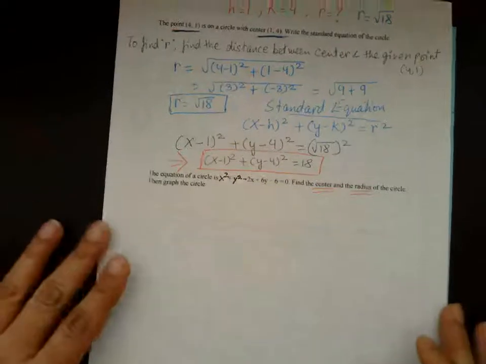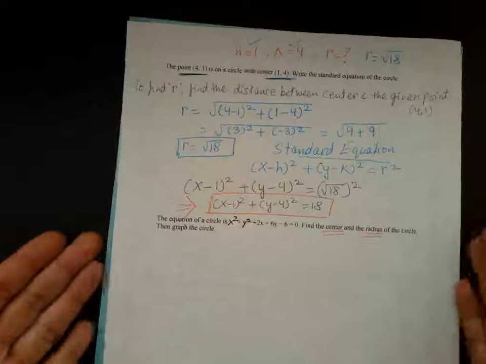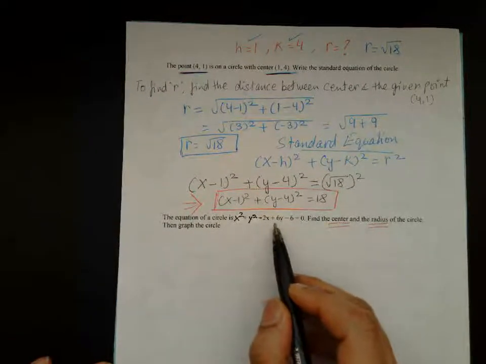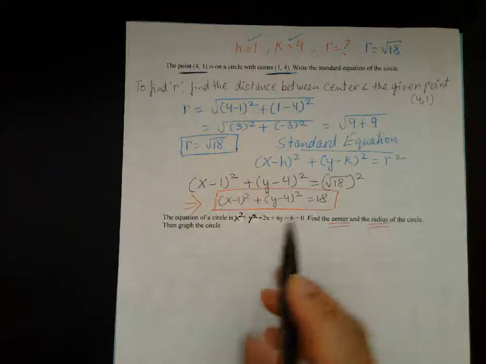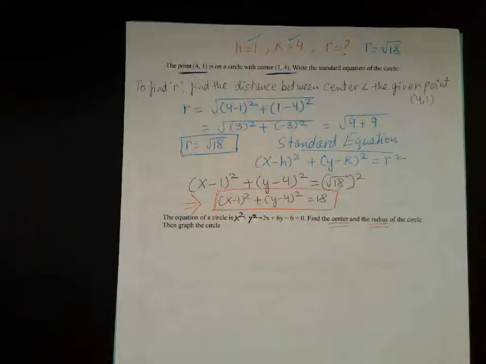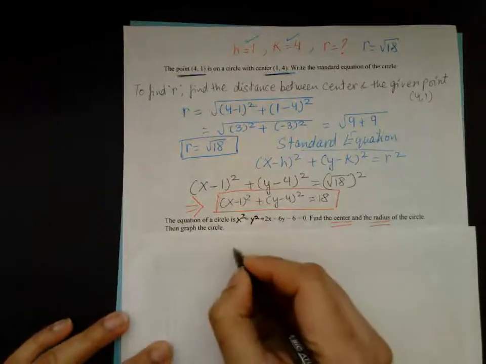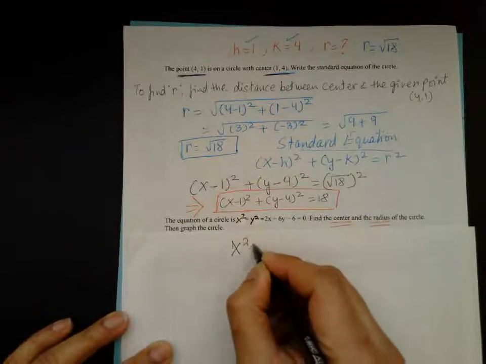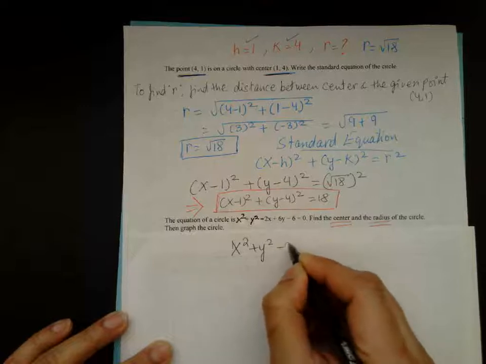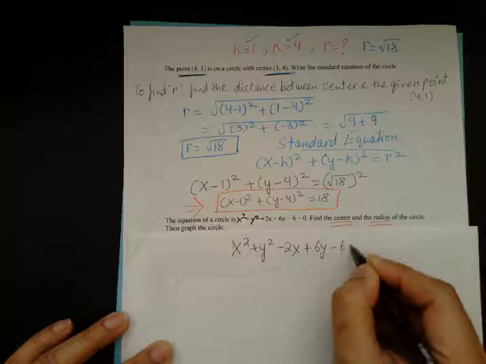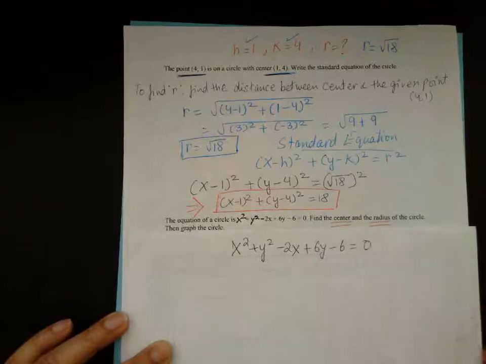Okay. In this case, a big equation is given to you: x squared plus y squared minus 2x plus 6y minus 6 is equal to 0. Let me rewrite it again. Let's simplify it.